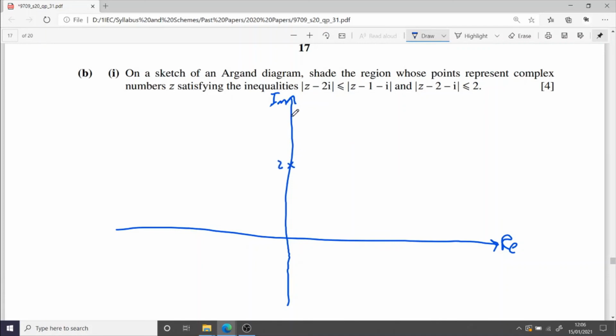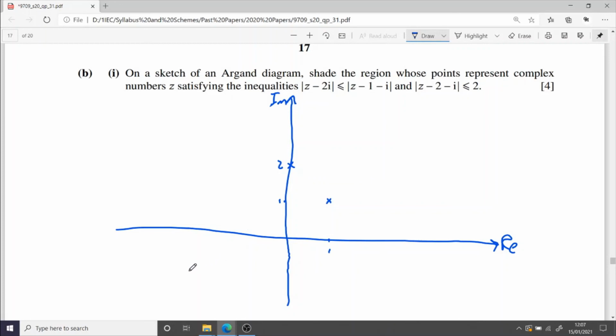Okay, so this represents the perpendicular bisector between the point 2i, so that's 2 on our imaginary axis, and 1 plus i, or a bit like the point (1, 1). So 1 on our real axis and 1 on our imaginary axis. So we want the perpendicular bisector of these 2 points, which is going to go through this point i and this point minus 1.